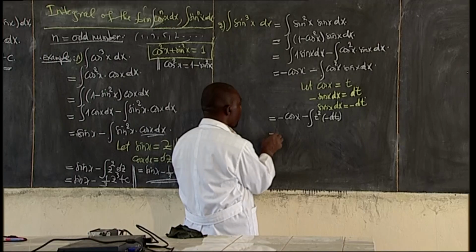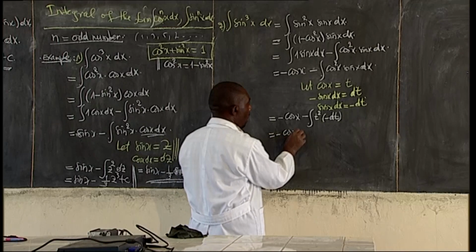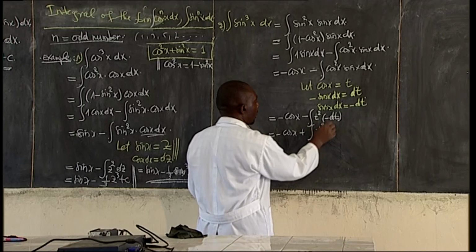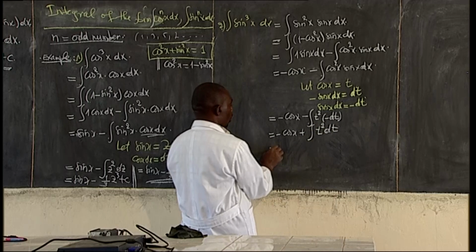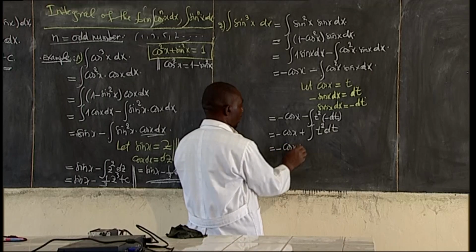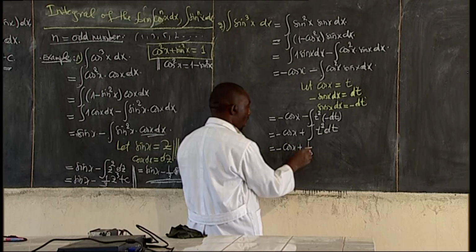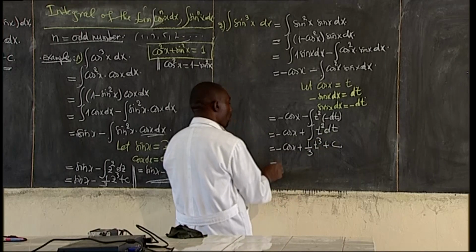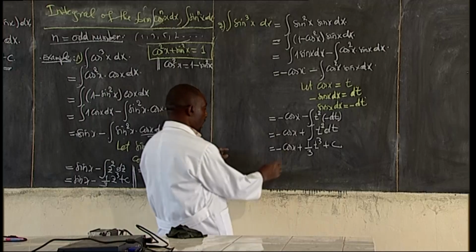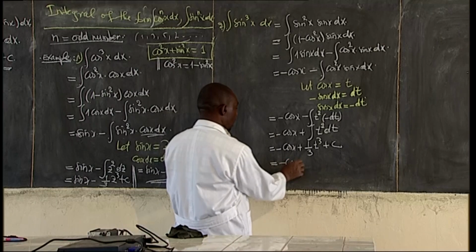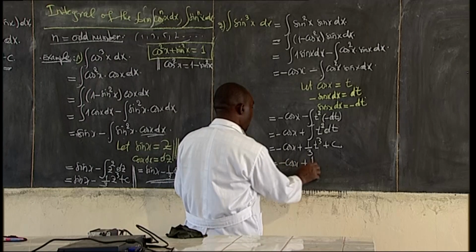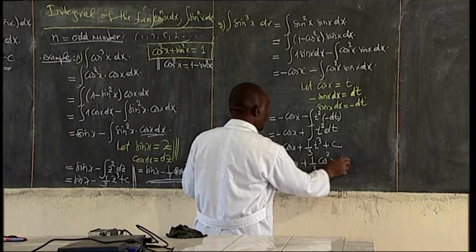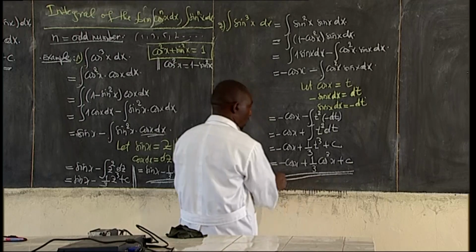So I have minus cosine of x plus integral of t squared dt, and this is equal to minus cosine x plus 1 divided by 3, t power 3, then plus c, and I put t by its value to get minus cosine x plus 1 divided by 3 cosine cubed x plus c. And I'm done.